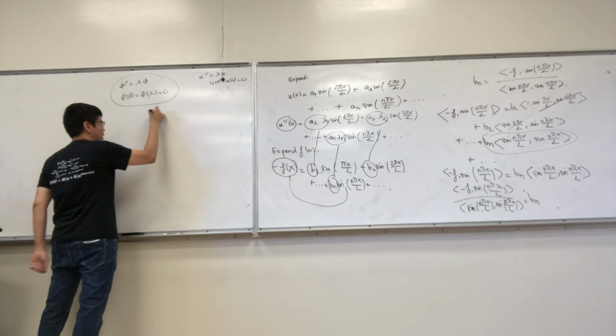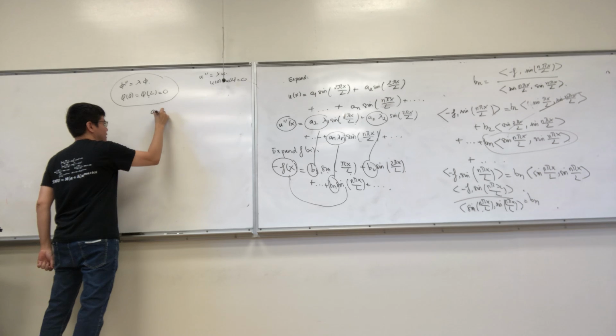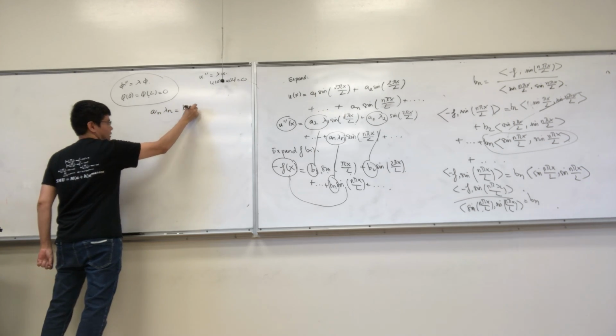So now you have A n lambda n is equal to Bn.